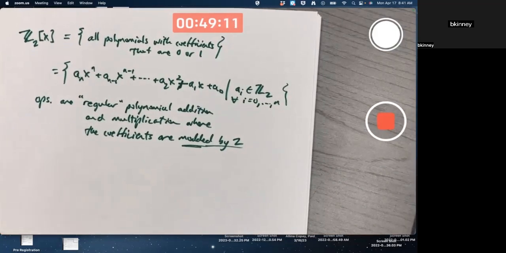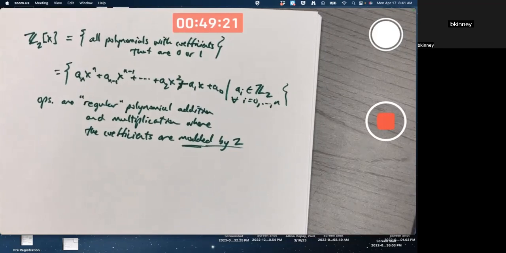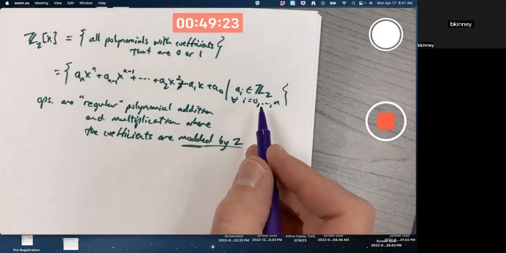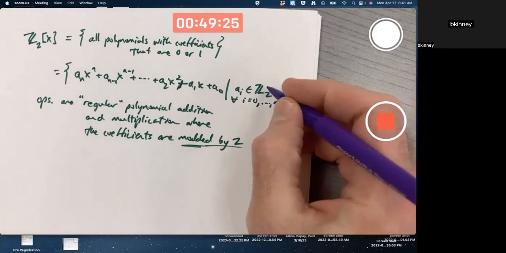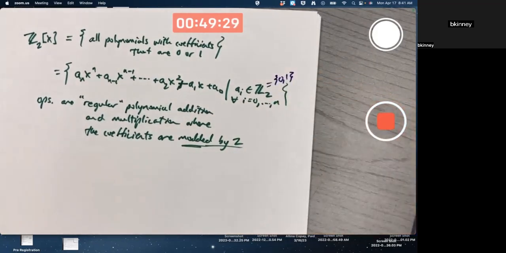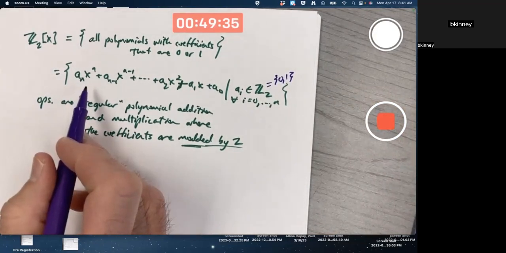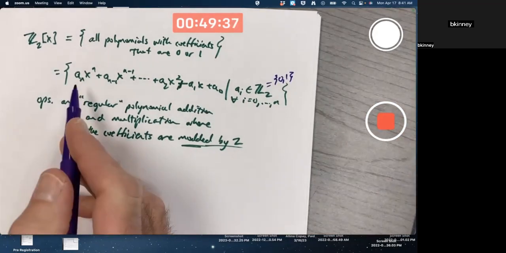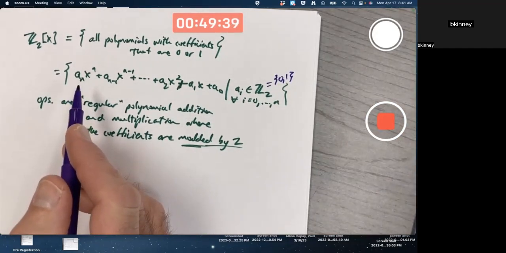Is this a finite ring or an infinite ring? Z2 is finite. But the ring itself is infinite, because the degree of the polynomial can be arbitrarily high. n could be a million, a billion, a googol, whatever.